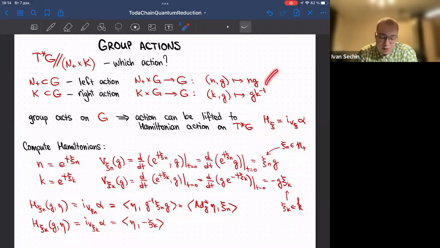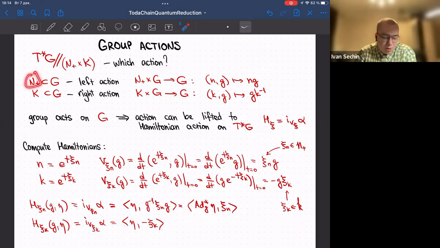And minus 1 is there in the right action for the homomorphism property, so that if we consider two actions, their combination is just an action of k1 k2 prime.